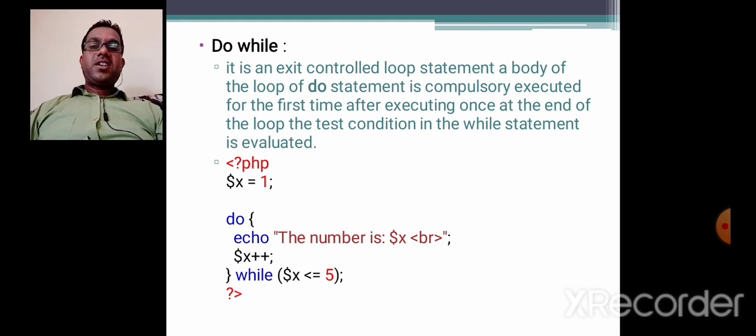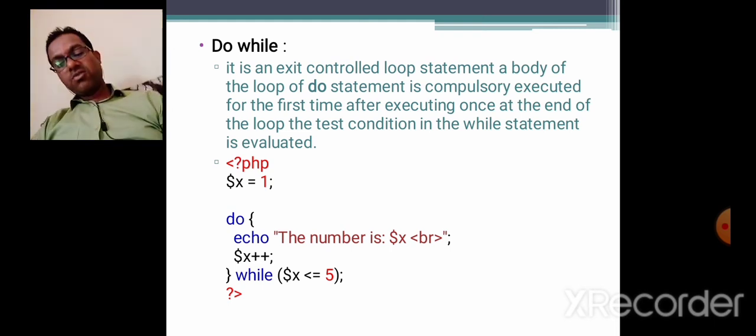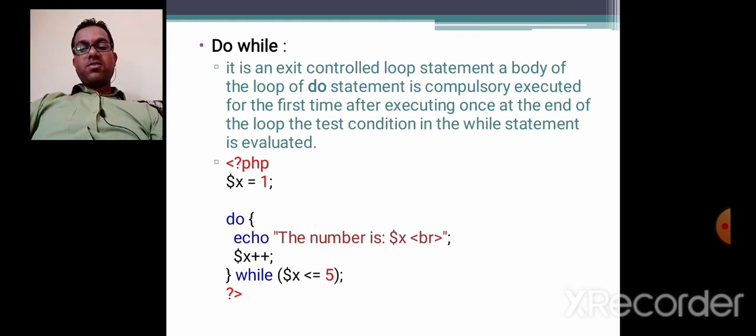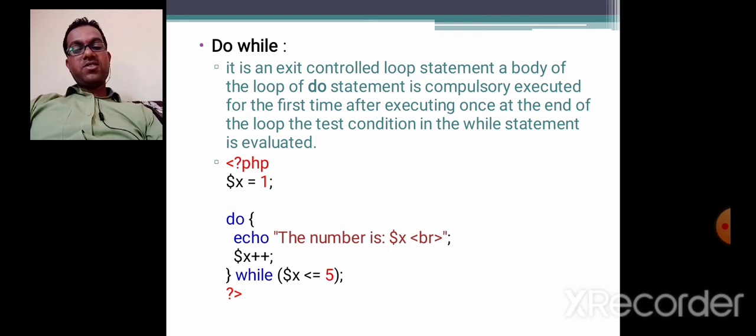Next one is do while. This loop works the same as while, except that the expression is evaluated at the end of each iteration. PHP also supports the do while loop, which takes do, then the block of code, and finally while with the condition.